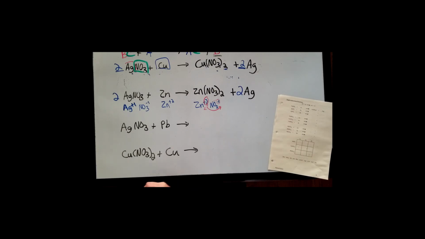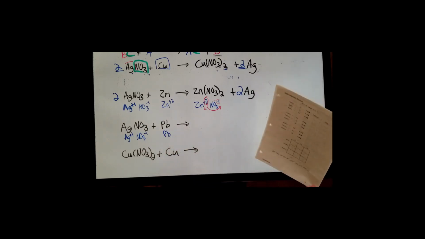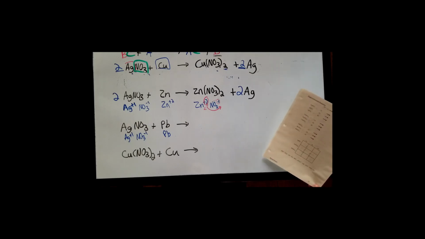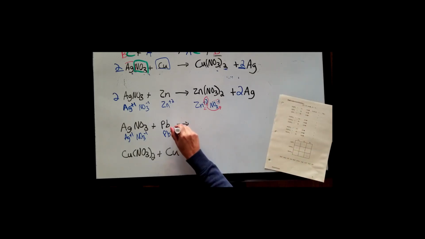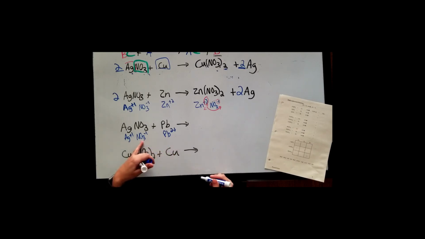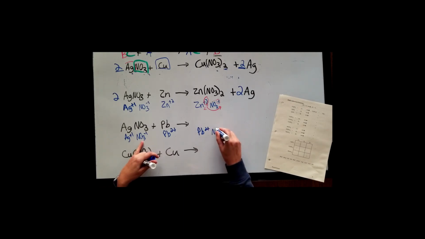So we have the same thing, silver with a +1, NO3 is a -1, and then lead, looking at the page, it tells us the lead that we're using is lead 2. So lead with a 2+ charge. So lead is going to pair up with the anion, the nitrate ion here, of that compound. So we're going to see lead with a 2+ charge pairing up with the NO3.